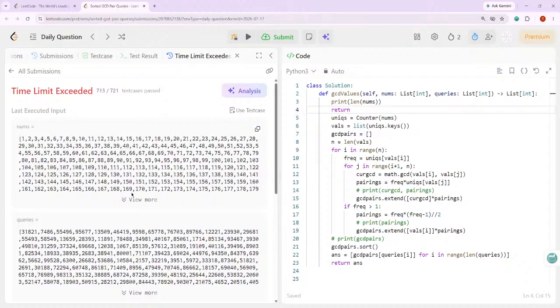Find prime factorization of every number. Actually, I don't know. Prime factorization of a number, I think it's slower than log of k.